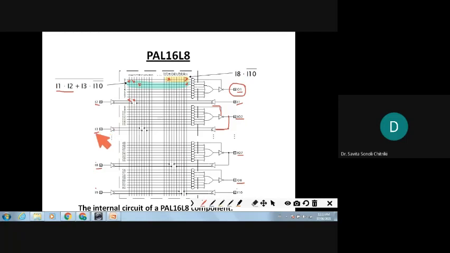I3, directly I3, and I10 bar. I10 is this line, I10 bar is this line. I3, I10 bar.